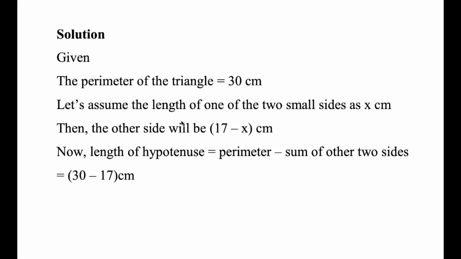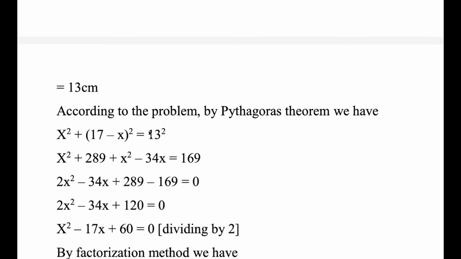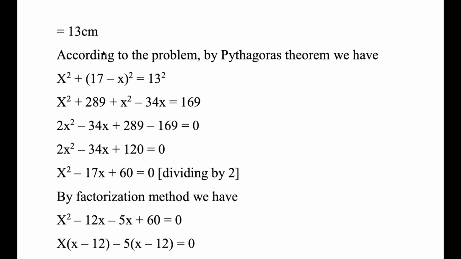So let's assume the length of one of the two small sides as x. So then the other side will be 17 minus x centimeter. So the length of the hypotenuse will be perimeter minus sum of other two sides, that is 30 minus 17 centimeter, that comes to 13 centimeter.